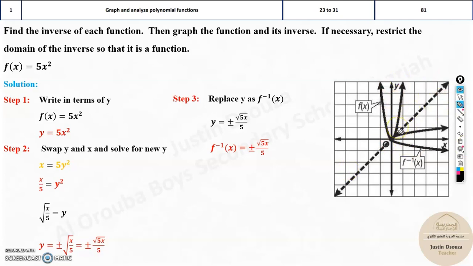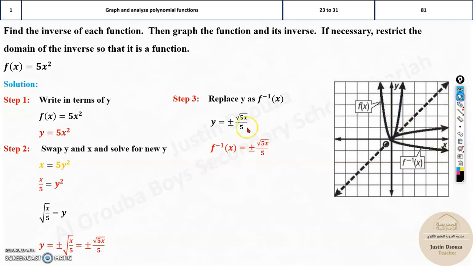Now, this is something which is crucial. Whenever you have plus or minus, see which is the domain over here. Whenever the domain is from minus infinity to 0, this is the reflected part. From here to here, this is the reflection. So since it's in the negative region, this will be down. Whereas if the domain was from 0 to positive infinity, then this would be the positive one.